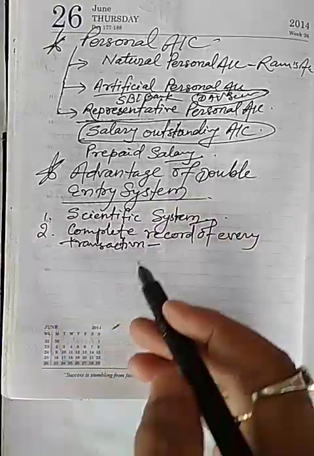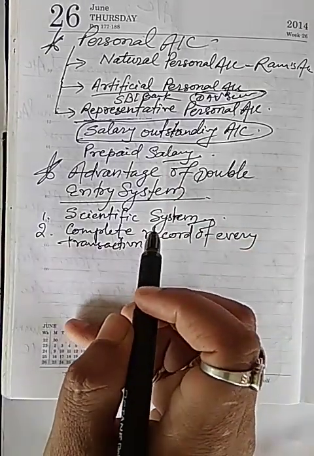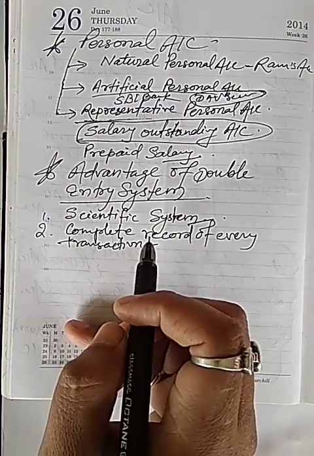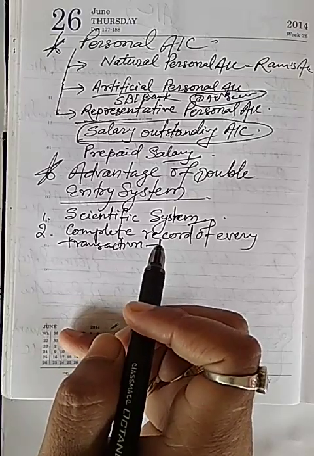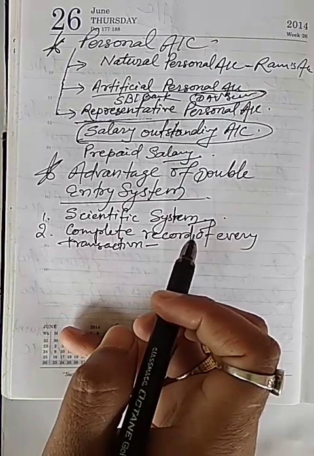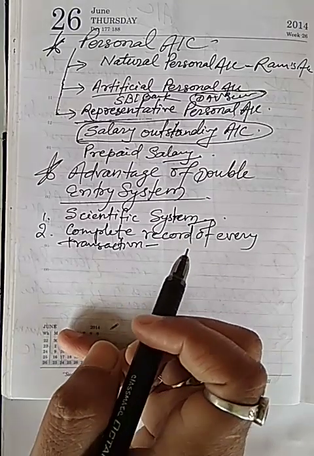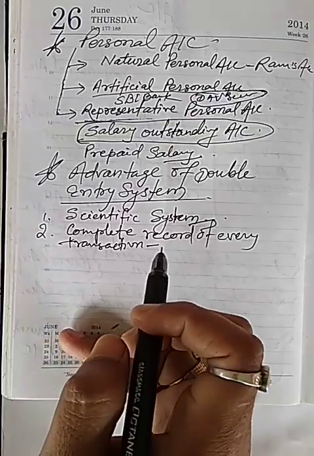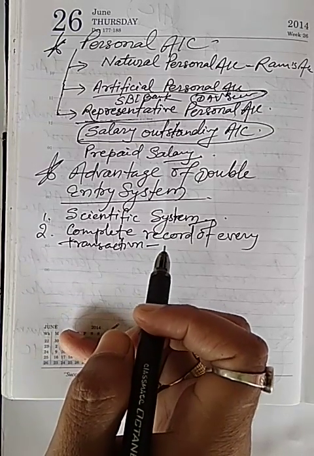In double entry, all the transactions are divided into three parts: personal, real, and nominal account. Both the debit and credit aspects of transactions are recorded in these. Hence, the complete record of every transaction is maintained in this system.